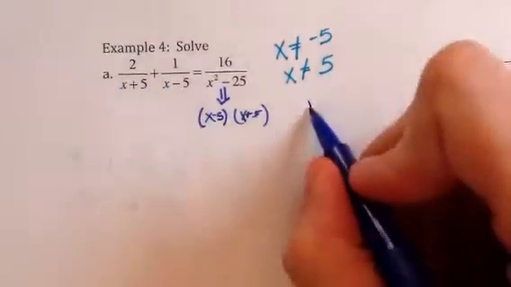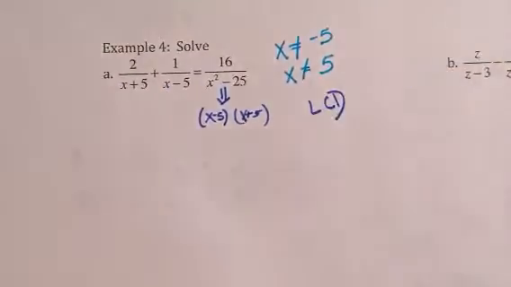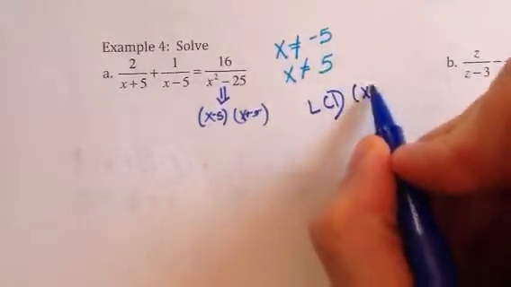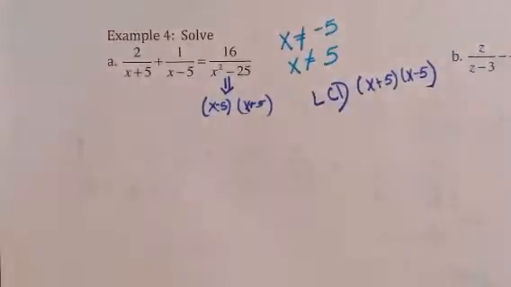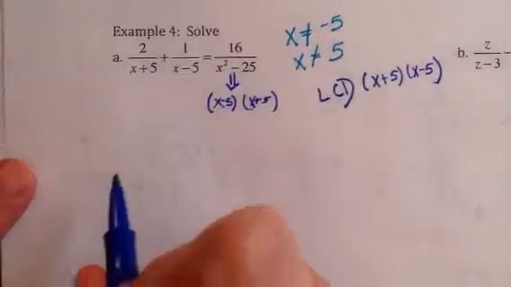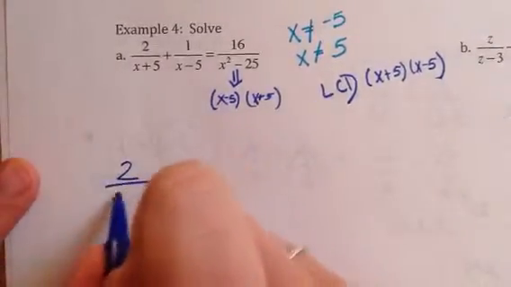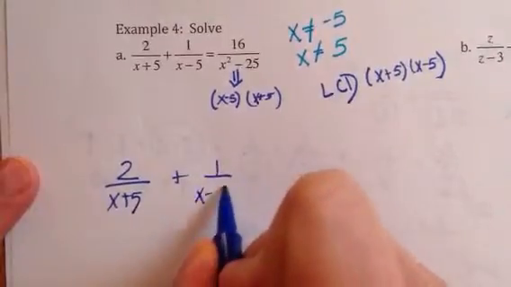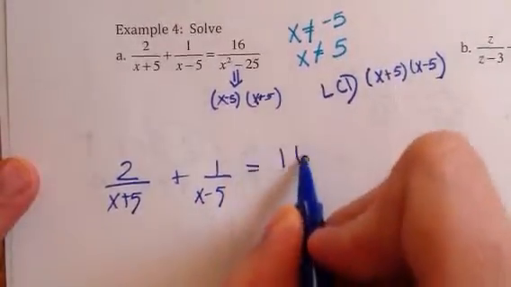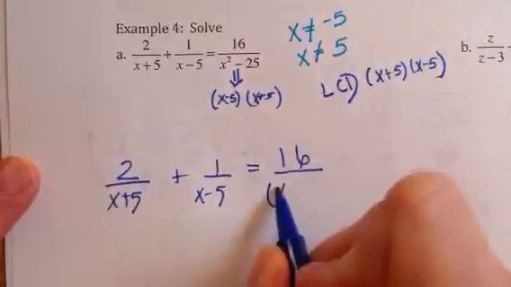So, our LCD is going to be x plus 5, x minus 5, because that is what's occurring in our denominator, and it occurs once. So we're going to take our term, 2 over x plus 5, plus 1 over x minus 5, equaling 16, and I'm going to write this in factored form.